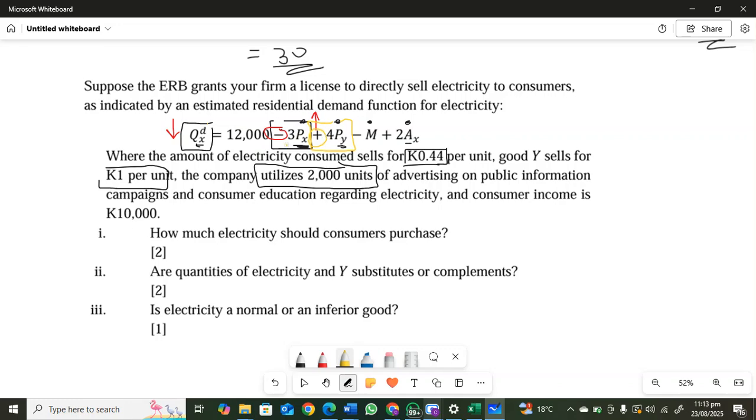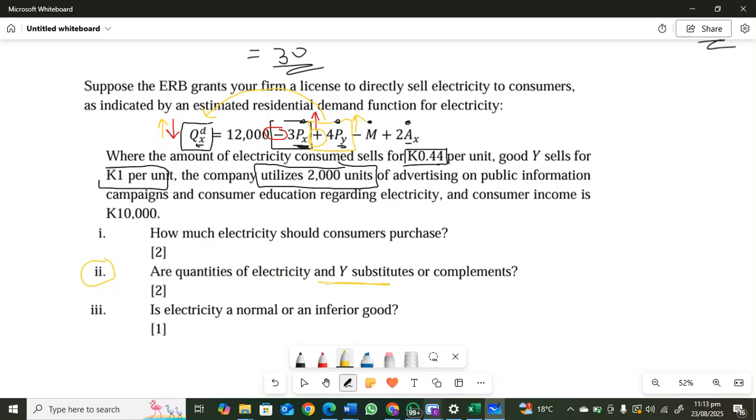If you hold other factors constant, there's a positive relationship between the price of good Y and the quantity demanded of good X. If you increase the price of good Y, it becomes more expensive, and people will now substitute good Y with good X. Therefore, quantity demanded of good X will rise. So here I've already answered part 2 of the question.